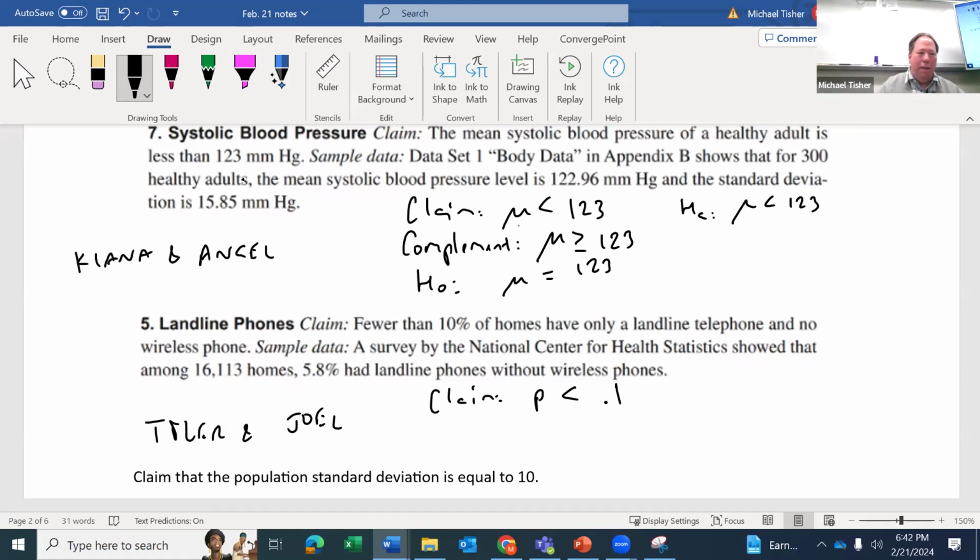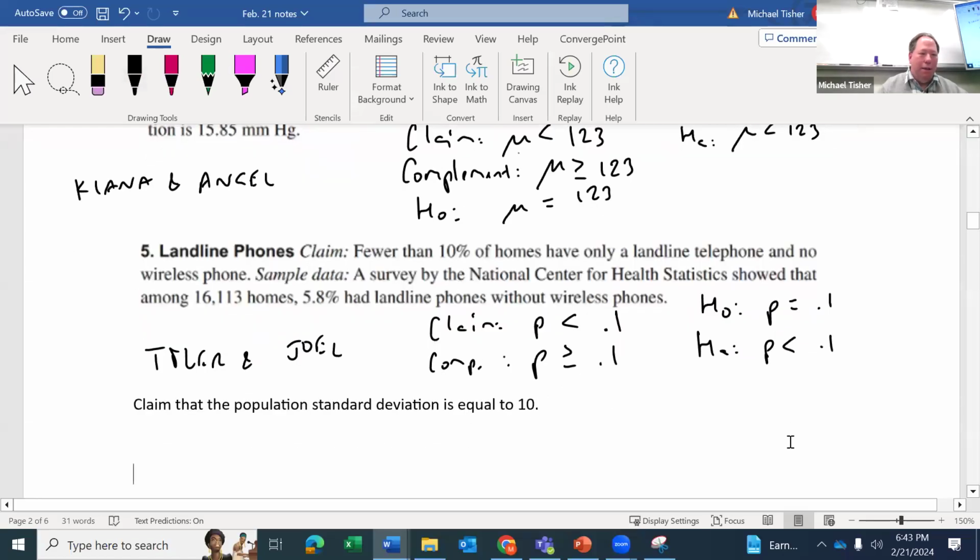And then we can sort of use number 7 as a guide. So complement, P has a greater than or equal to there. And then H0, P is equal to 0.1. So for all the claim, complement, H0 and HA, the letter and number never changes. It's just the middle symbol, just getting that middle symbol down. And then HA. So again, same P, same 0.1. But the symbol must be what? From number 7, less than, right? Okay, any questions on those 2?